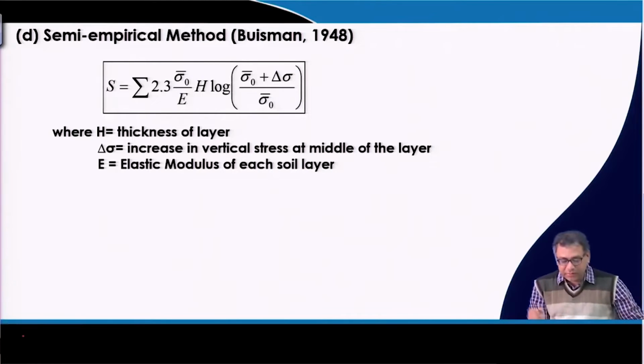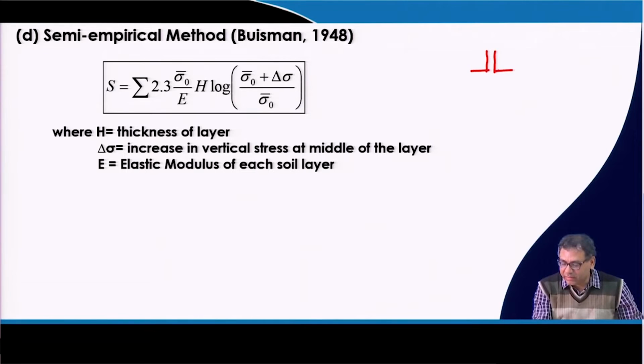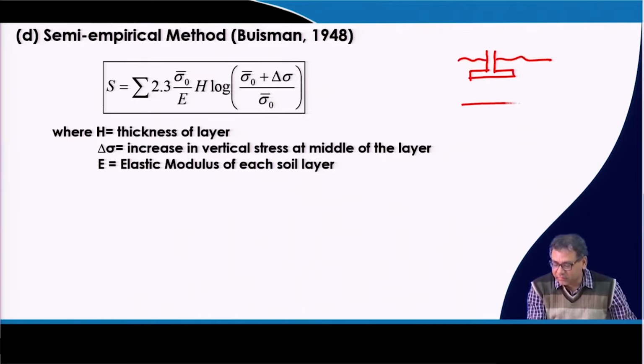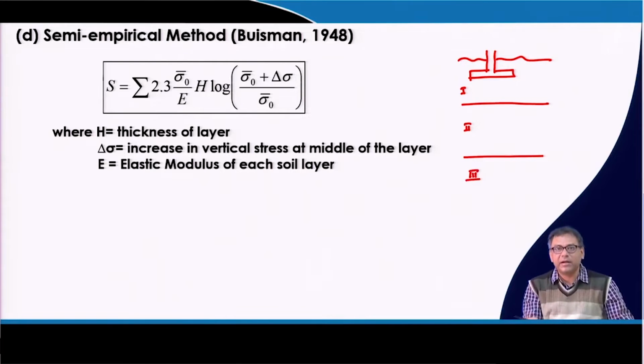Where every layer, that means if we have a number of granular layers, so this is the foundation, and this is layer 1, layer 2 and layer 3, which is the same as we did for the consolidation settlement case, or for the granular settlement determined by the SCPT test or SPT test data.